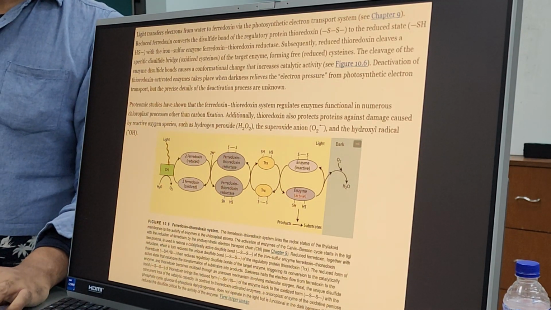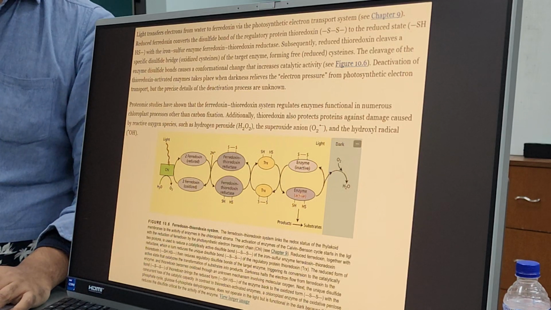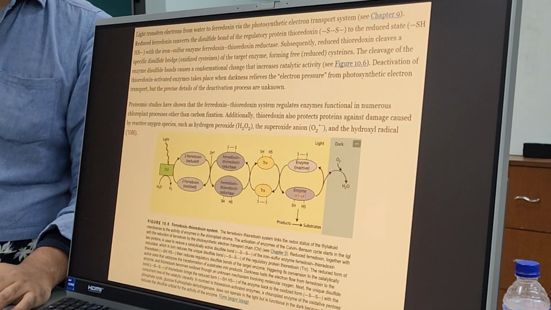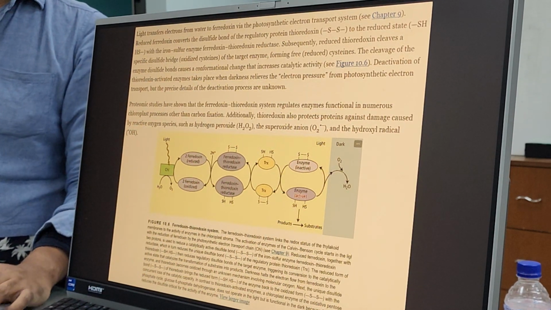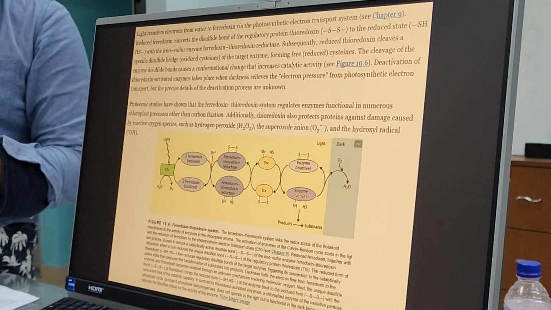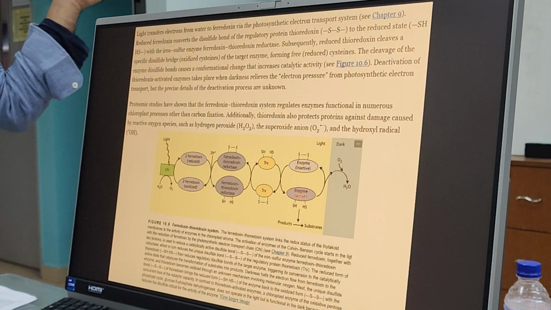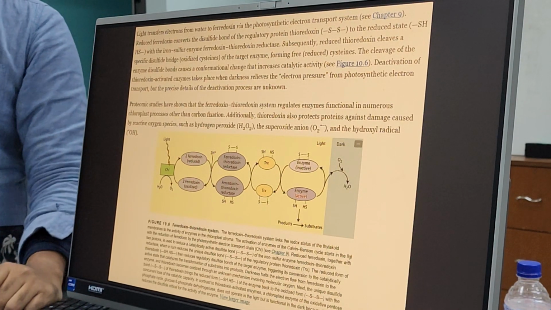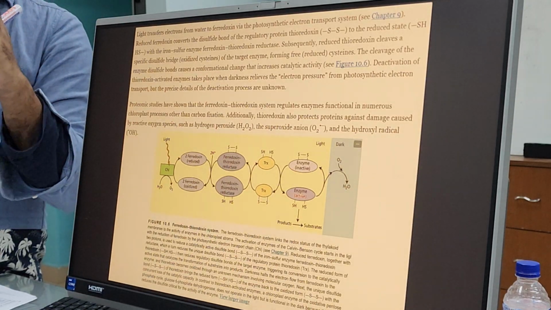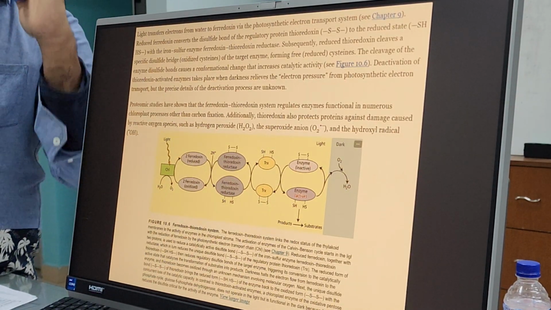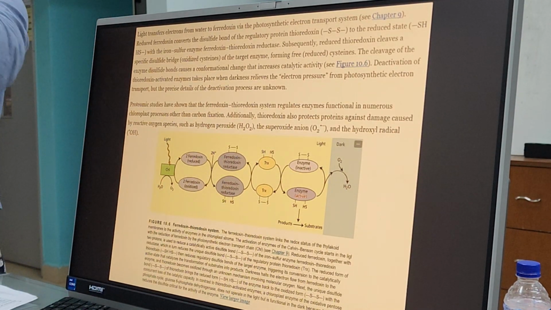When this happens, what happens to the pH of the stroma? Is it going to increase or decrease? That's going to increase. Okay, so you have fulfilled one requirement of this. To make it more certain, the magnesium which is inside the thylakoid is further pumped into the stroma.